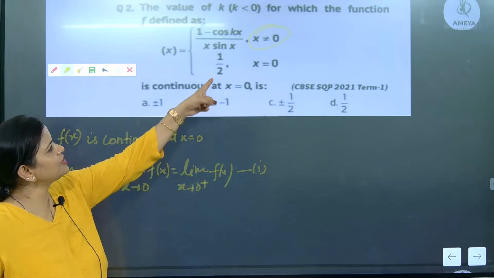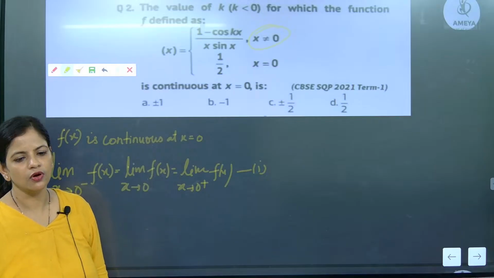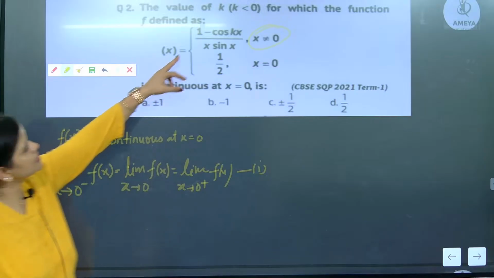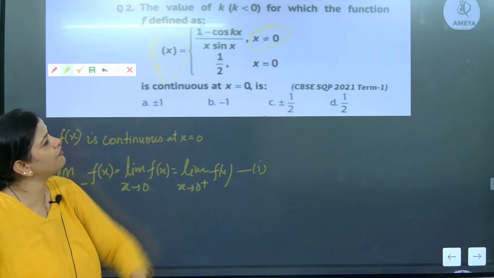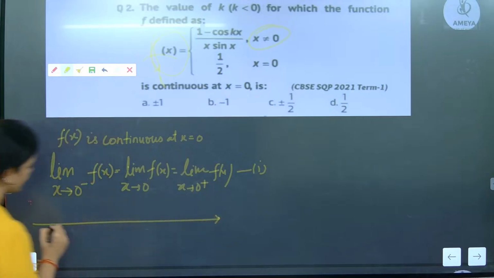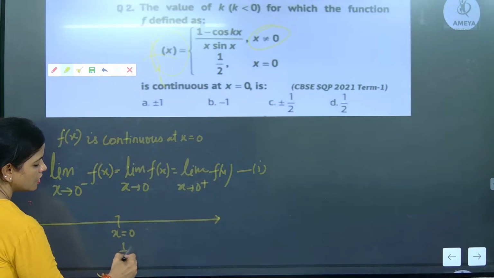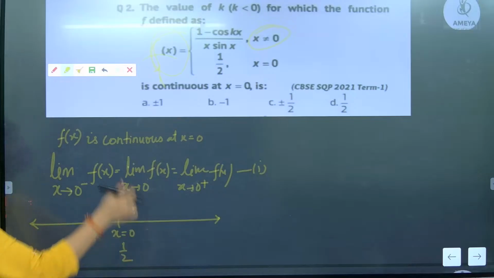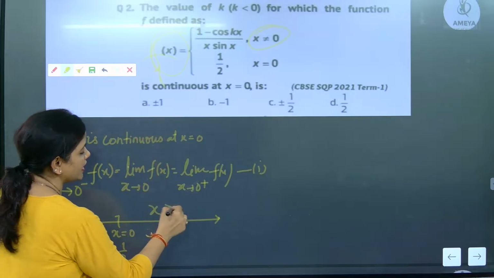At x equal to 0, what is the value? 1 by 2. This is the biggest part, and it explains everything. Just draw a number line and everything will be clear. At x equal to 0 the value is 1 by 2. Now x is not equal to 0 means either x will be less than 0 or x will be greater than 0.